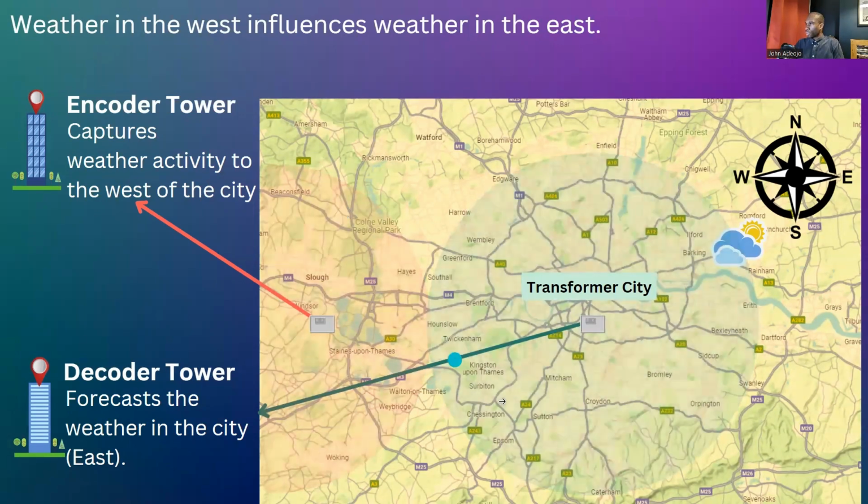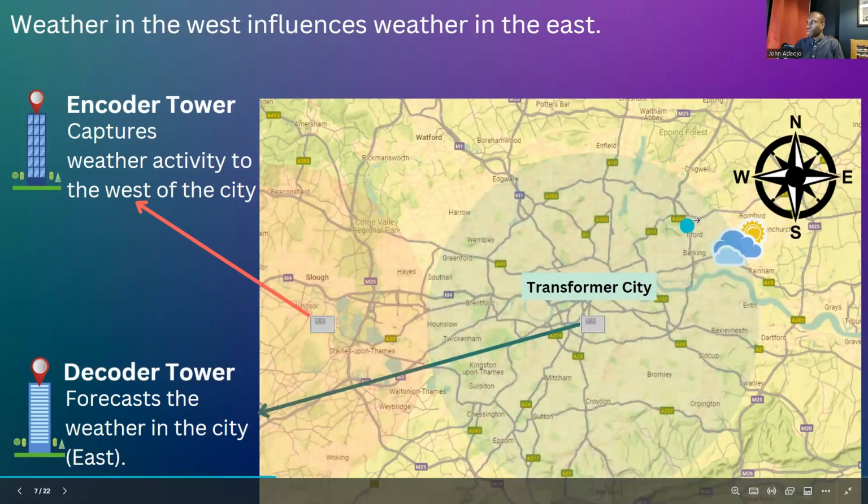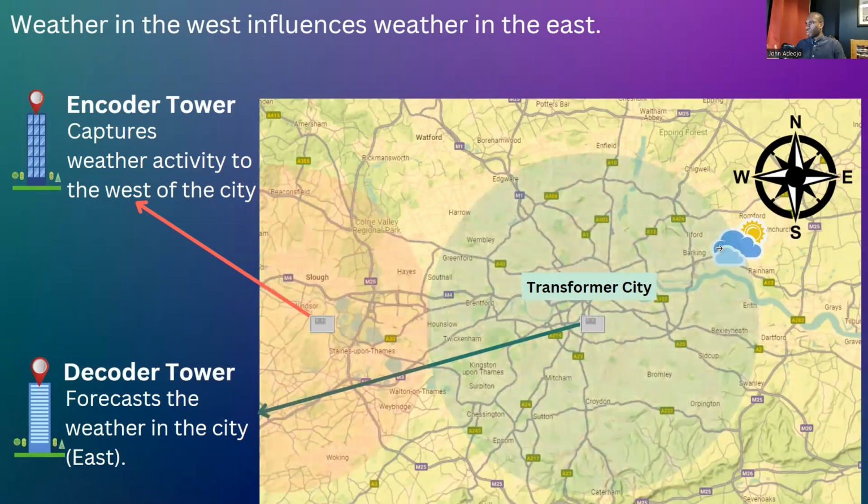And then the decoder tower, the flashing green region, represents the forecast area for the decoder tower. So when decoder tower generates a forecast, it's supposed to cover the entirety of the Transformer City here, and that's why it's based in the center.